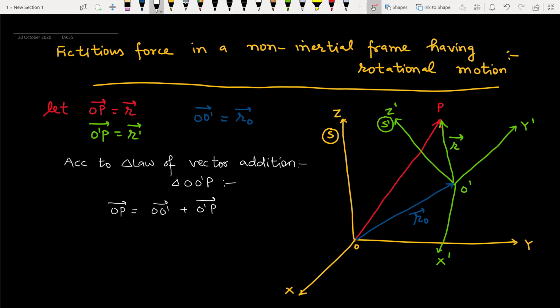So r vector, this is r dash vector, this is r vector. So r vector is equal to r naught vector plus r dash vector. So r dash vector is equal to r vector minus r naught vector. So we mark this as equation number 1.